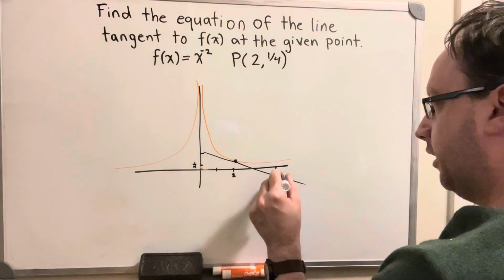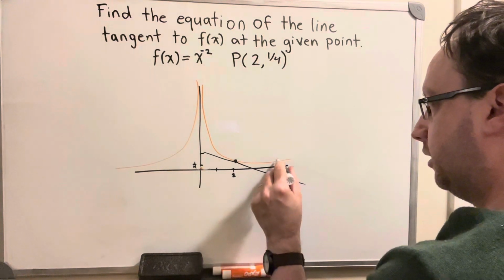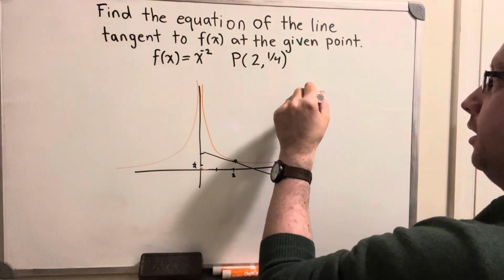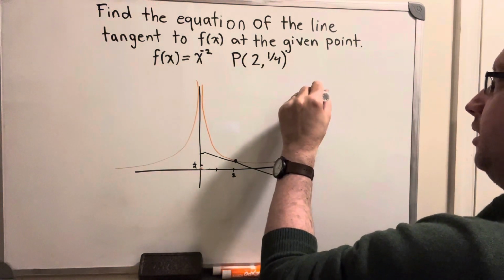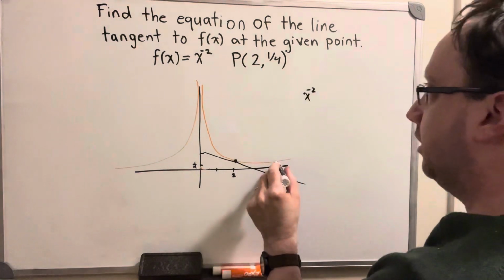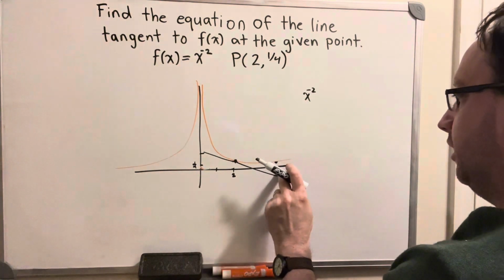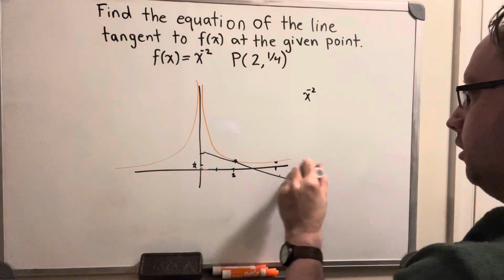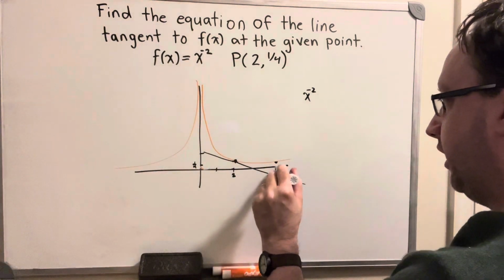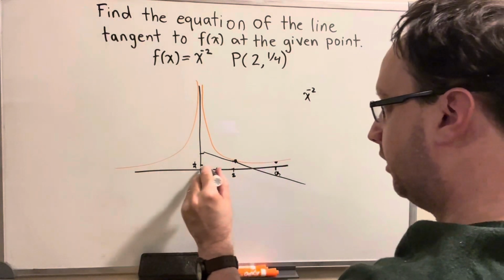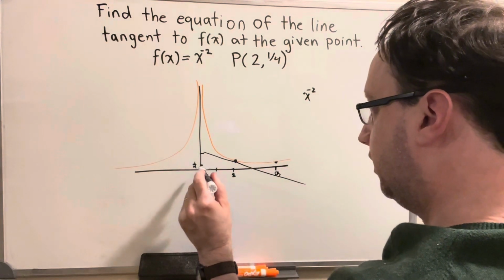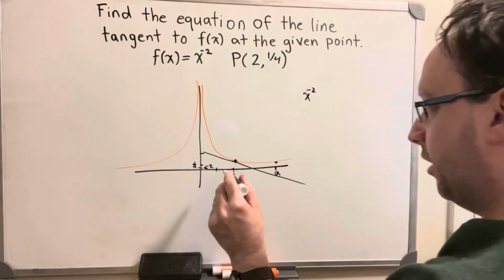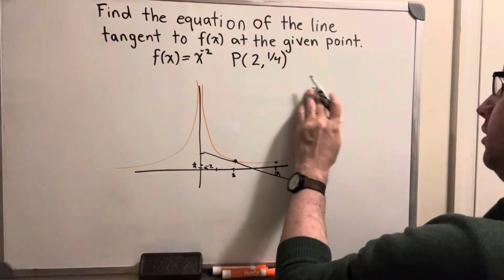Let's say we pick another point. Let's use a different letter because these are all x values. Let's say this is a, and it's going to be a to the minus 2.